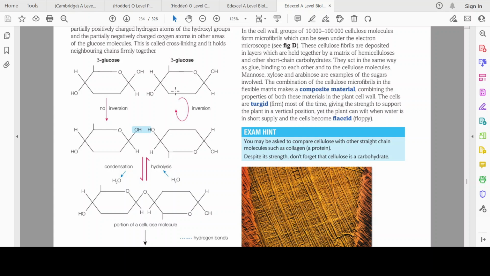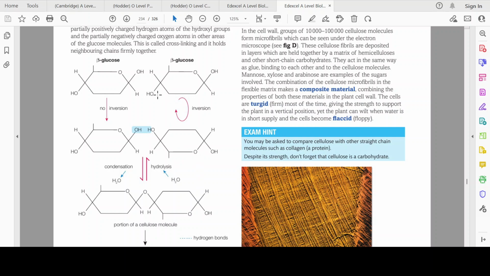It's called inversion. You can see this carbon number 6 over here, that's like a peg sticking out. It's down here, the oxygen is down here. So it's the same molecule, just inverted.